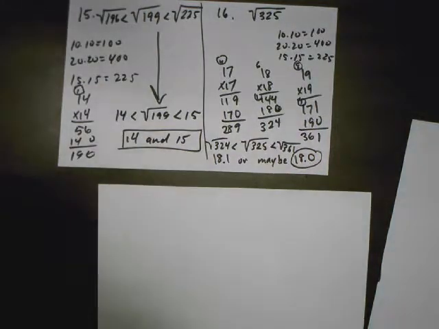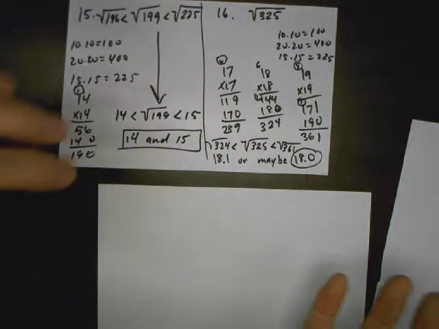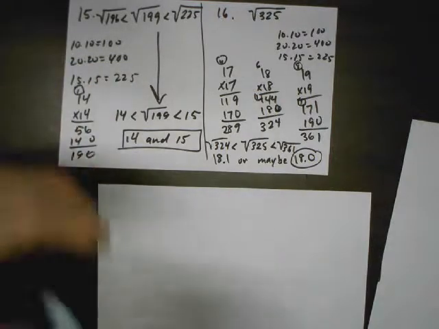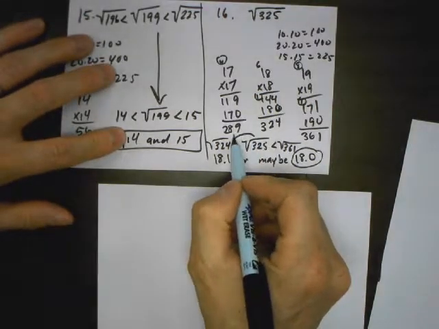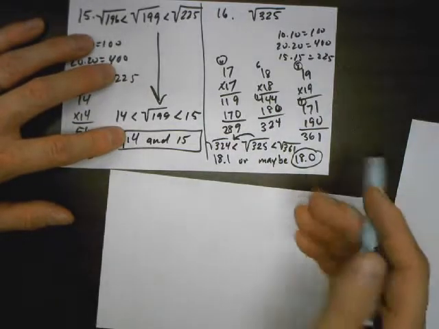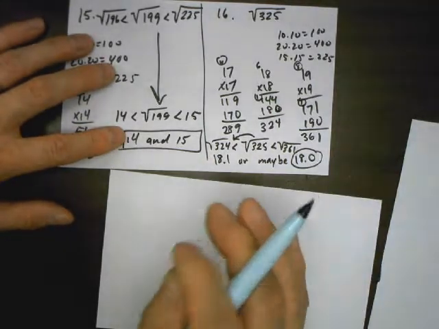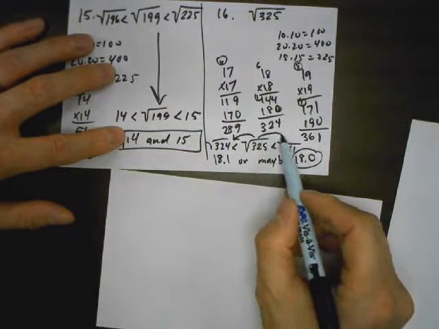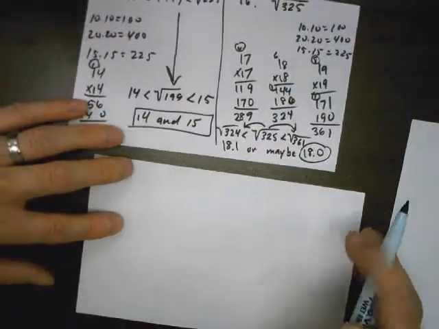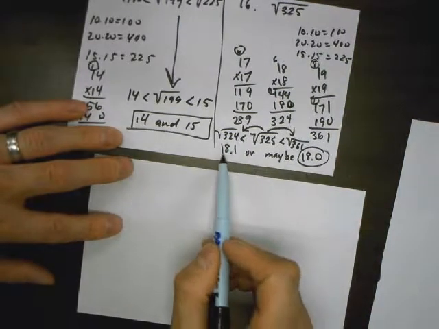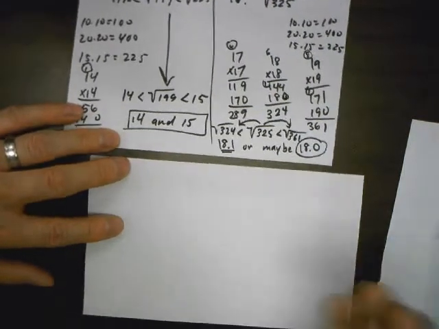Now, in order to figure out is it 18.1, 18.2, 18.9, we learned this in class. We got to ask ourselves, is it closer to 18, 18.1, 2, or 3? It's kind of in the middle, 18.4, 5, or 6, or is it closer to this side, 18.7, 8, or 9? It's way closer to this. In fact, it's only one away.